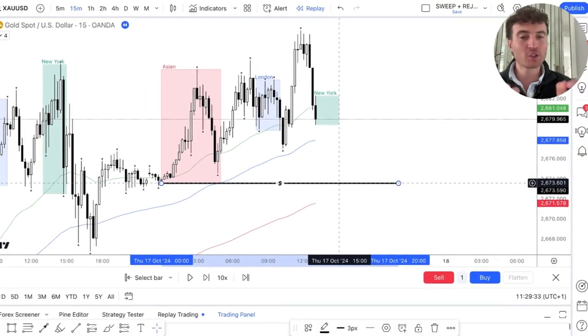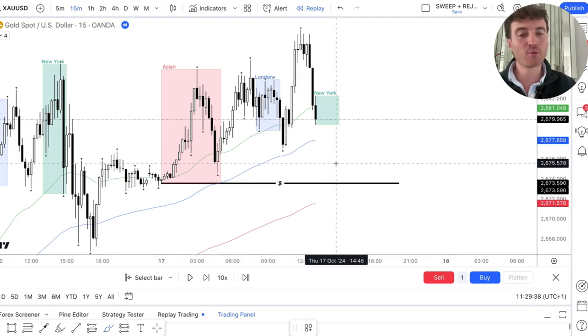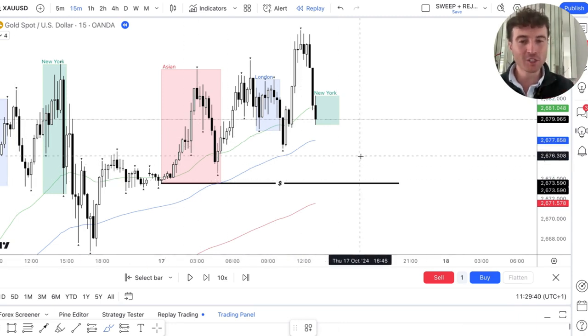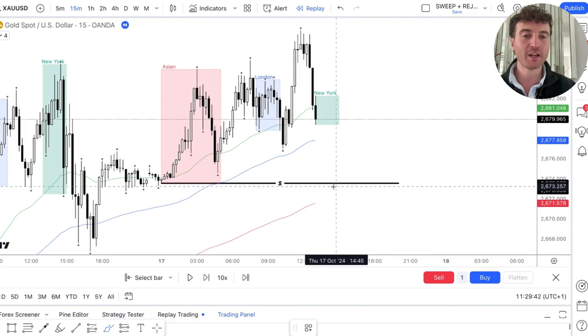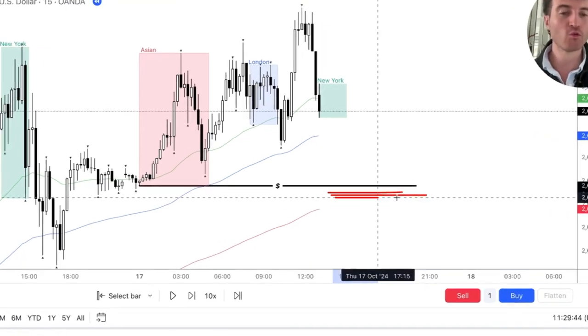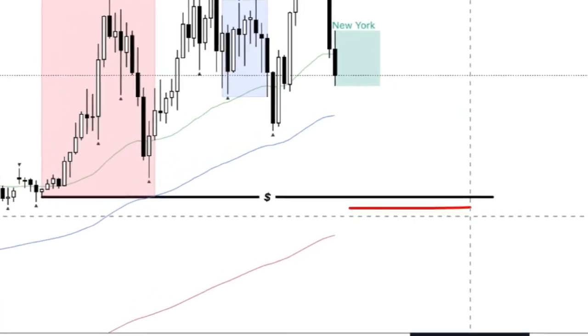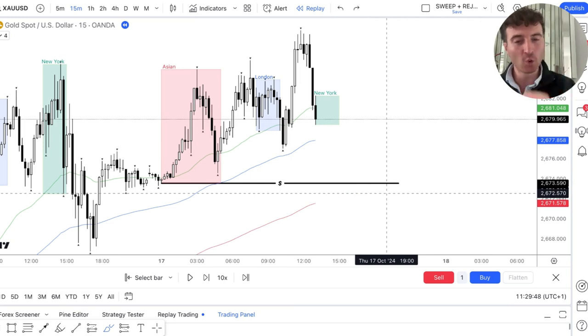Anybody that was trading the Asian session, their stop losses and breakout traders are going to be interested in the market below this area right here. So if we can see a raid of sell side liquidity, then that is what entices us to look for a potential long trade in the market.